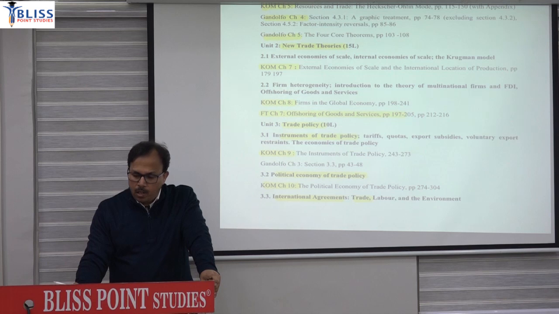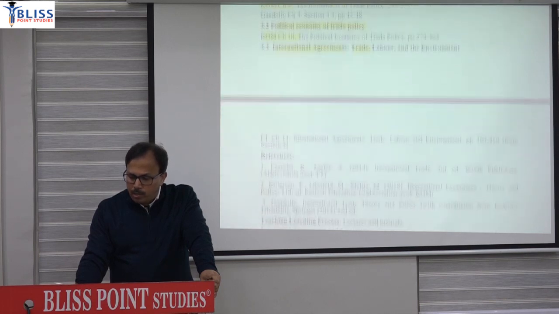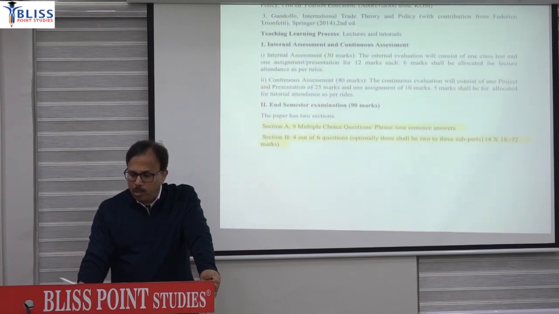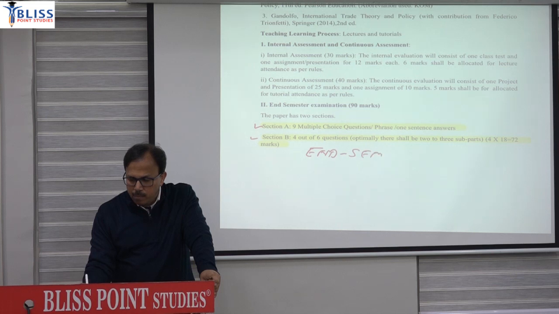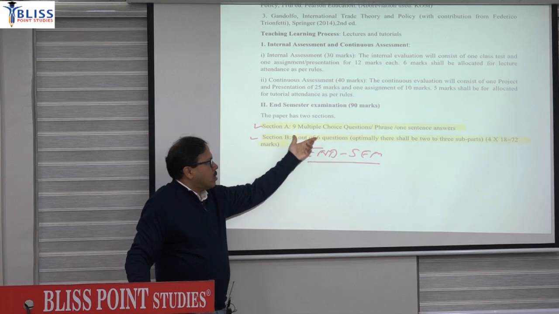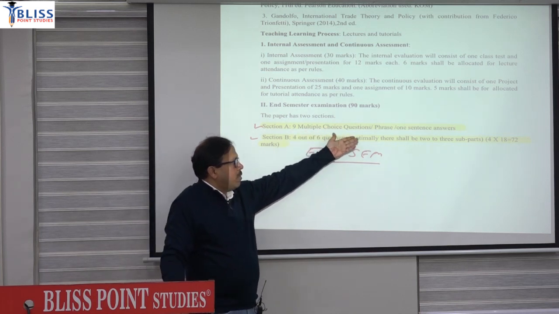One more thing that is important for this year is the format of the end semester exam. So it is already mentioned that there will be 2 sections in your question paper. This is the format for the end semester exam. The first section will have 9 multiple choice questions, MCQ, or it could be 1 sentence answers.